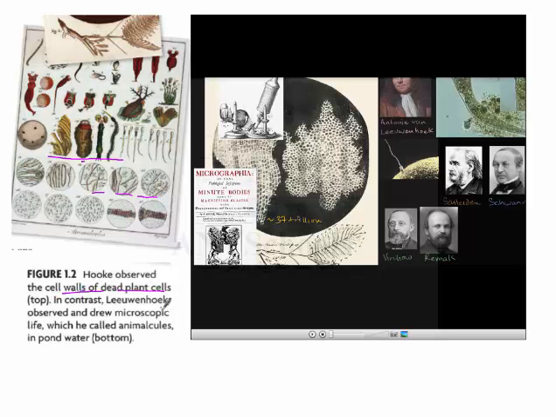In contrast, van Leeuwenhoek observed and drew microscopic life, which he called animalcules. So from this, you can see how important the two of them contributed to what we now regard as the cell theory.